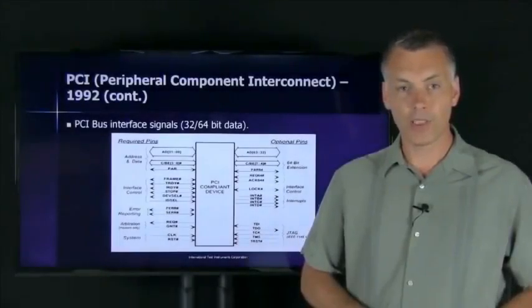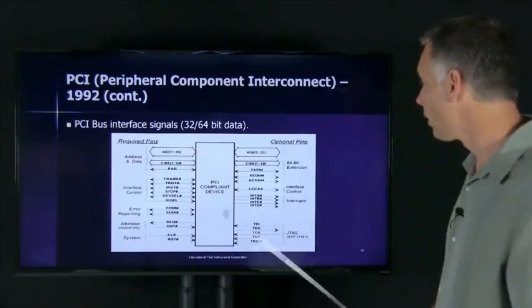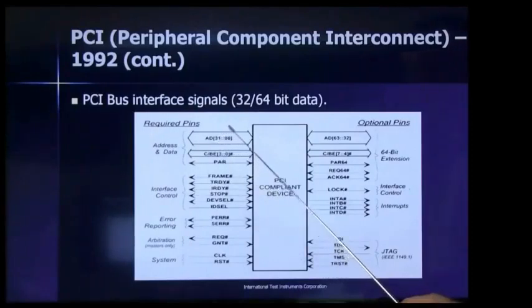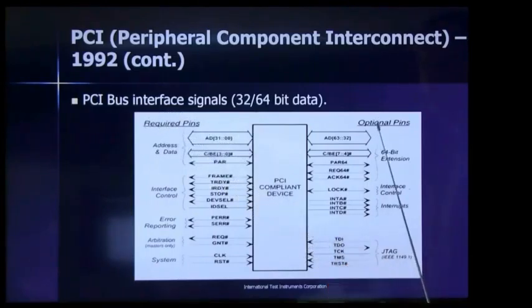This slide shows the PCI bus interface signals. There are 2 groups of signals. One is the required pins group and one is the optional pins group. So let's start with what's optional.